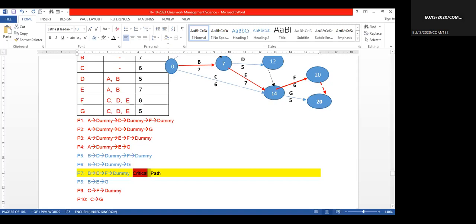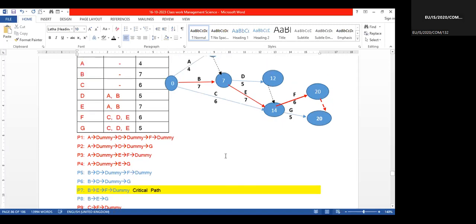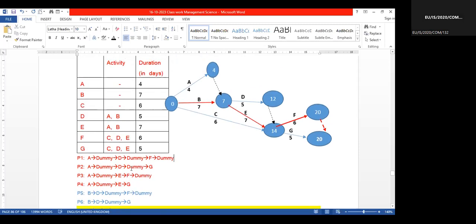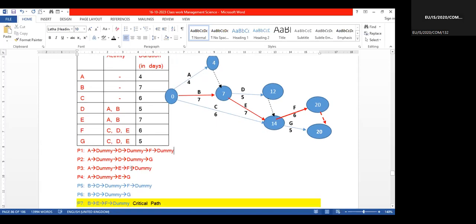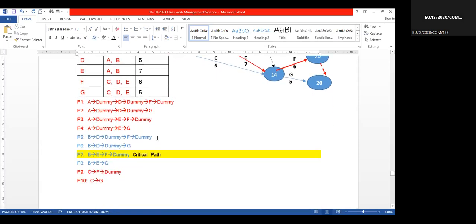We know it is important, but we don't know the reason. But we can give a name to path 7, that means D, E, F, dummy. That path name is critical path. How many activities are in that path?